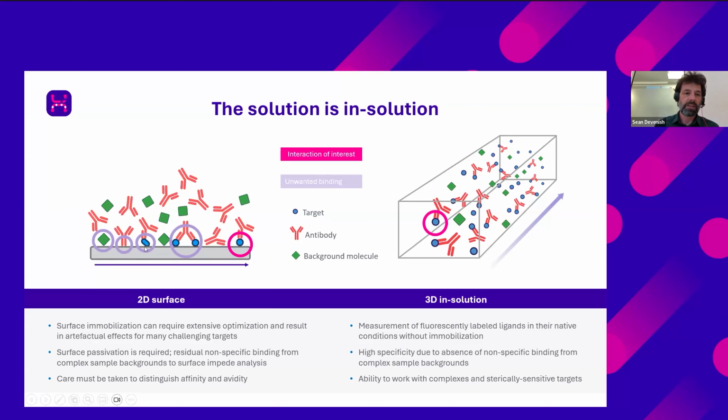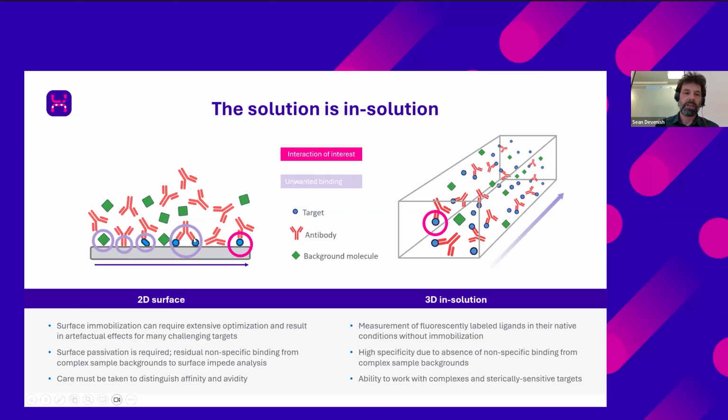The target itself can potentially be modified by binding to the surface. We can either have conformational changes induced by being affixed to the surface, or potentially steric impacts of being close to this very large and highly blocking interface.